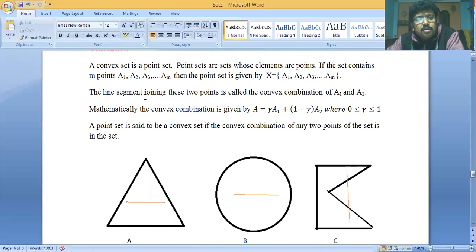The line segment joining these 2 points is called the convex combination of the 2 points.